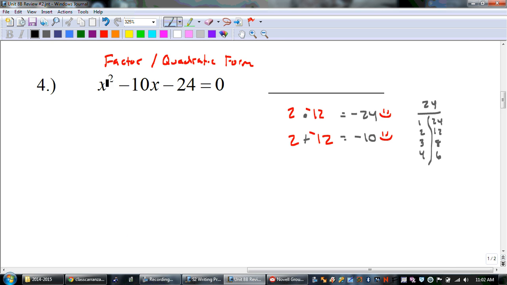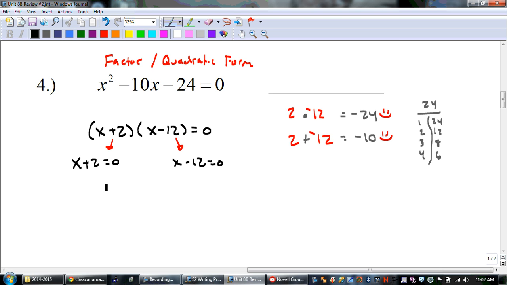And since my leading coefficient is 1, I can just plug it in. x plus 2, x minus 12 equals 0. Everything with a variable we set equal to 0. So we get x plus 2 equals 0, x minus 12 equals 0, and then we get that x equals negative 2 and positive 12.